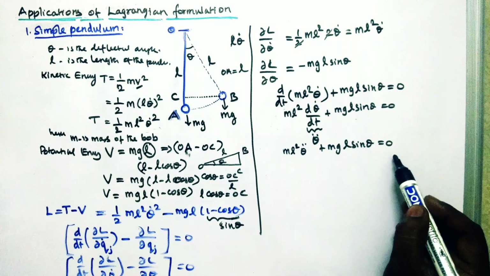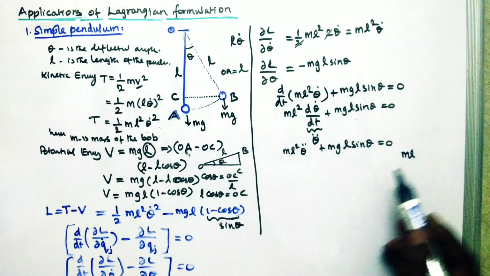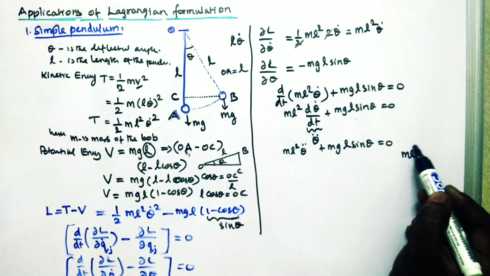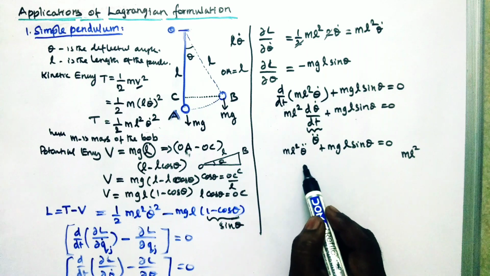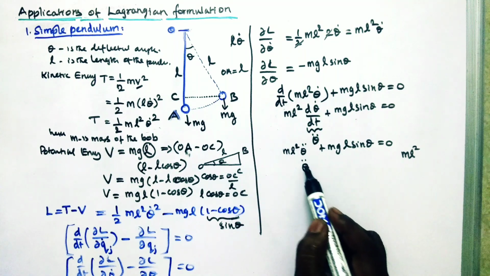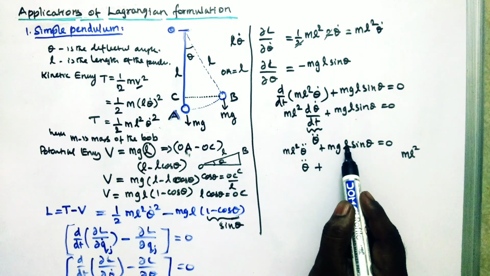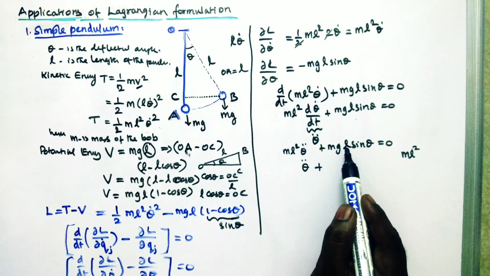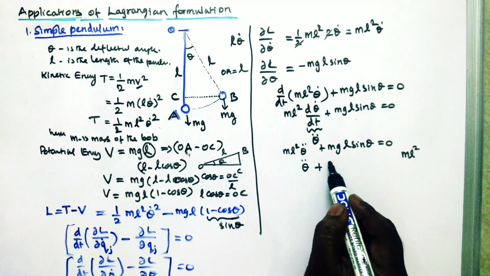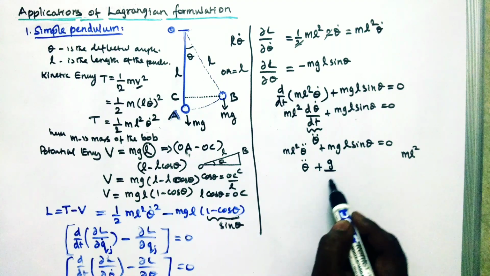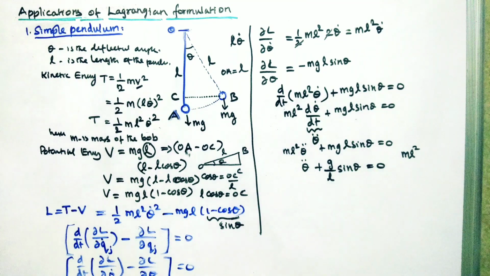For our convenience, both terms are divided by m L square. Then here m L square is cancelled, therefore remaining is theta double dot plus, here m L also cancelled, and remaining is g by L sin theta is equal to 0.